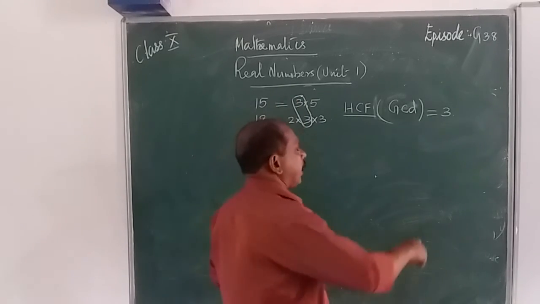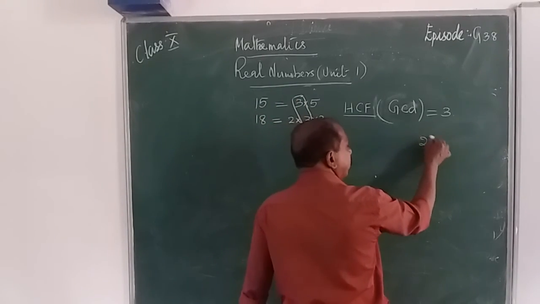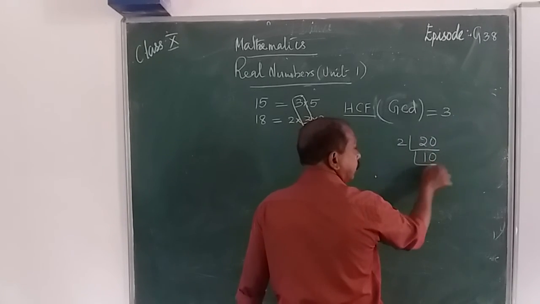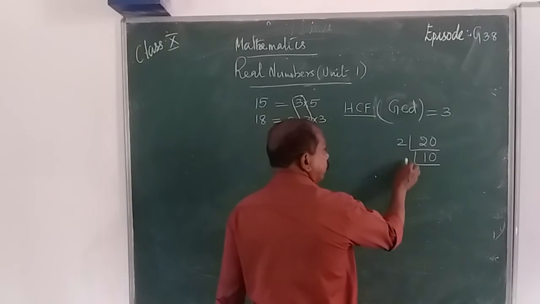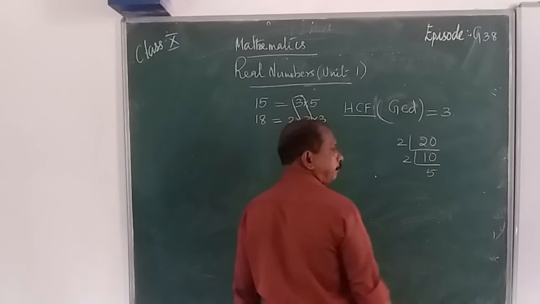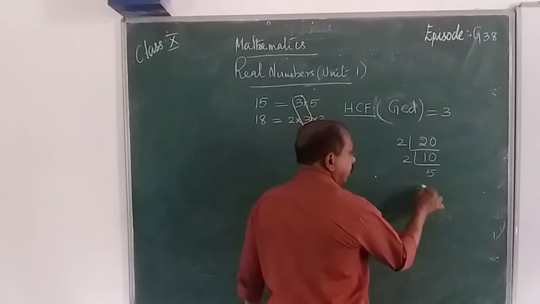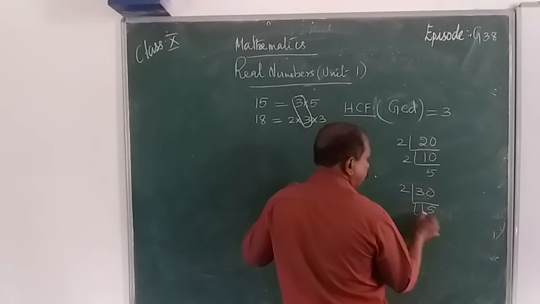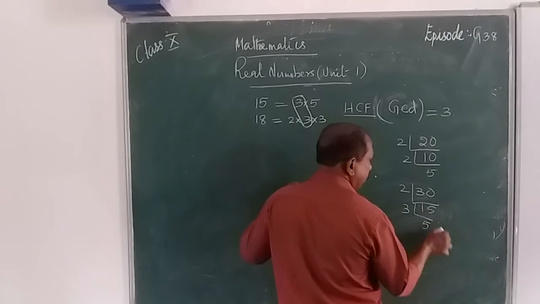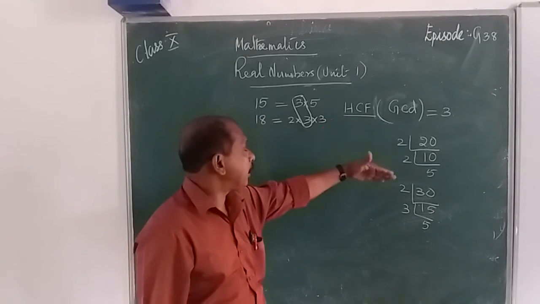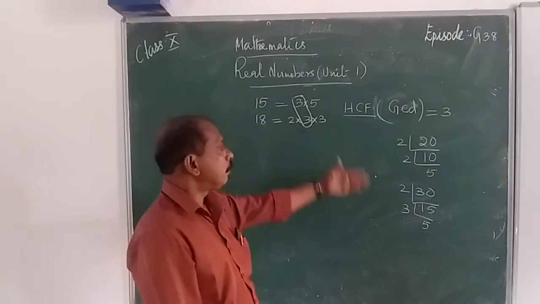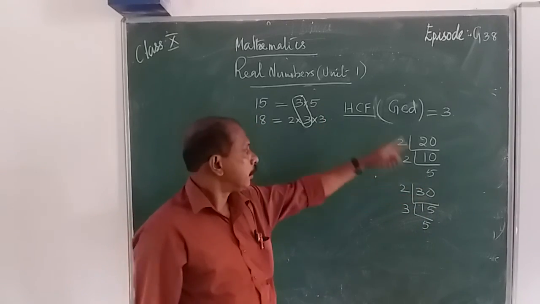Similarly, we can find out another one, that is 20. It is divisible by 2, that is 10. That is the factorization method. It is reduced by 2, we get 5. 30. It is reduced by 2, we get 15. It is reduced by 3, we get 5. Therefore, this is the method to find out the prime factors of a given number by factorization method.